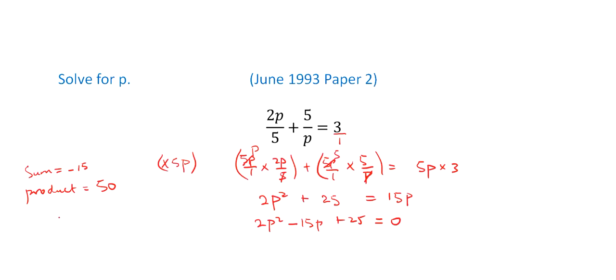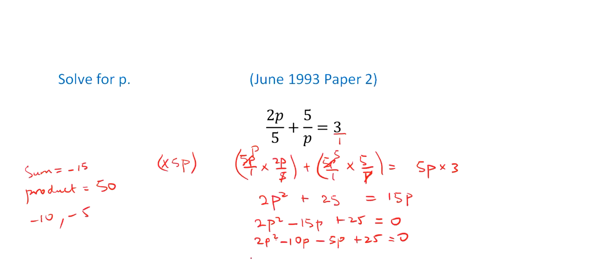So if we take, let's say, minus 10 and minus 5, minus 10 multiplied by minus 5 will give us plus 50, and minus 10 minus 5 will give us minus 15. So we can write this as 2p squared minus 10p minus 5p plus 25 equal to 0.